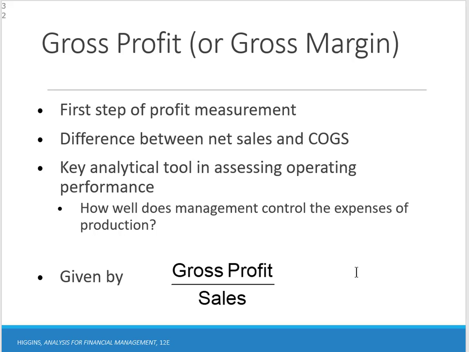This then lays this number in the lap of management. If this number is getting bigger, then management is controlling expenses better than it had been. So it is a line item, if you will, that allows us to assess production.